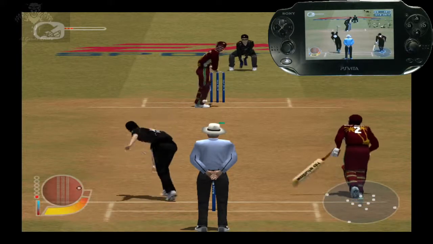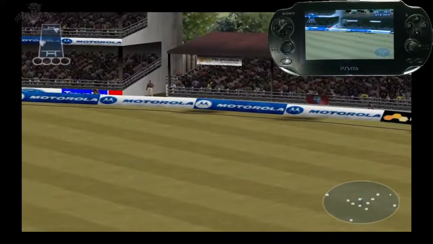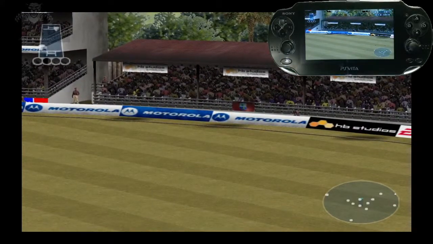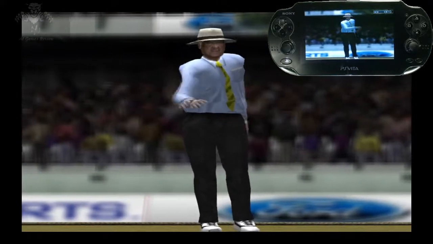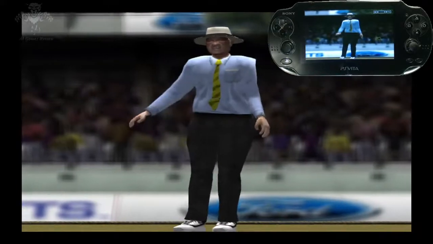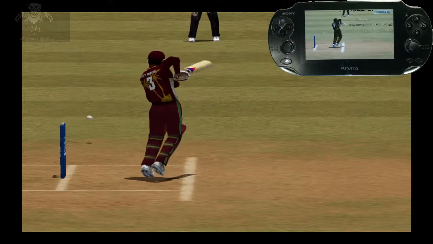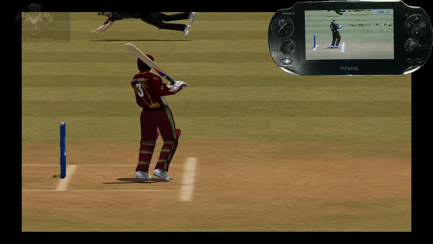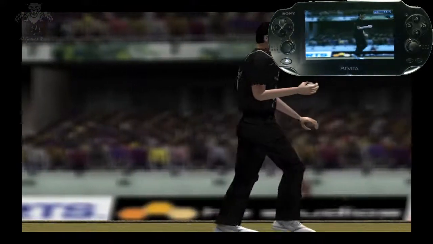Smash that away. 50 is up for West Indies. He really needs to concentrate on line and length right now to keep the runs going. West Indies have taken their total on to 1 for 53.